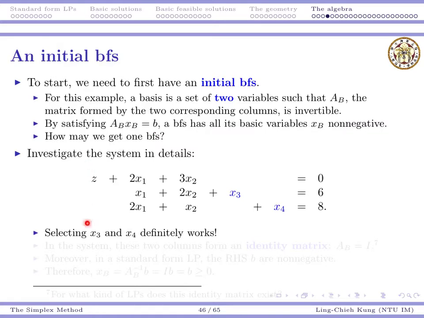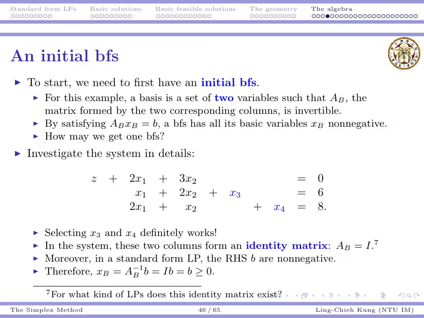Okay, for this particular problem, when we need to find two variables to be basic, certainly x3 and x4 work. Why? Because this is an identity matrix. In the system, these two columns can form an identity matrix. And if we choose x3 and x4 to be basic, our AB matrix will just be an identity matrix. This is certainly a special case.